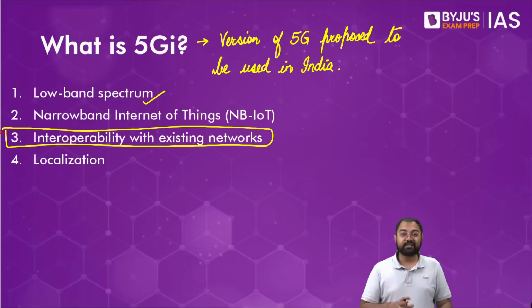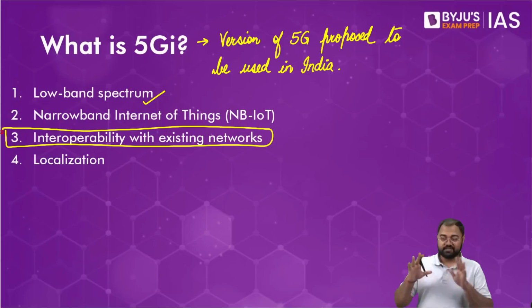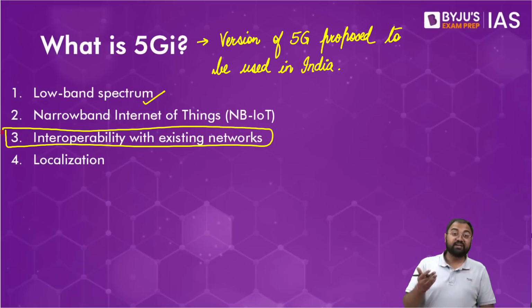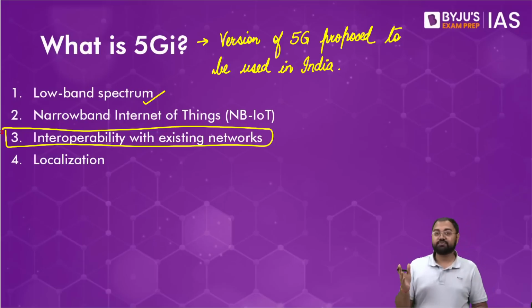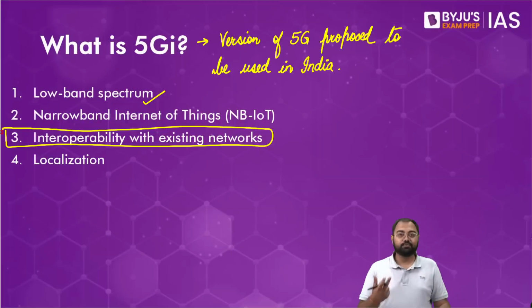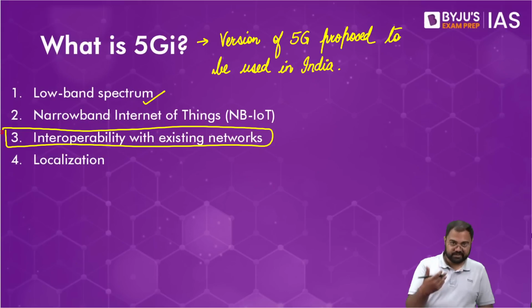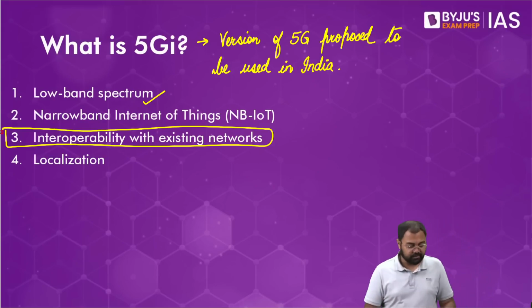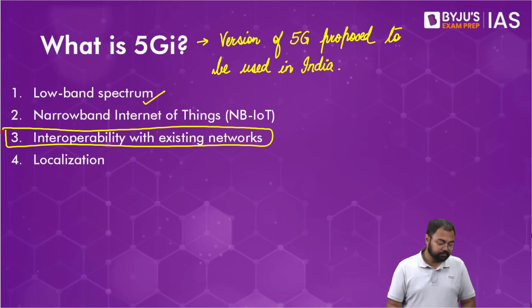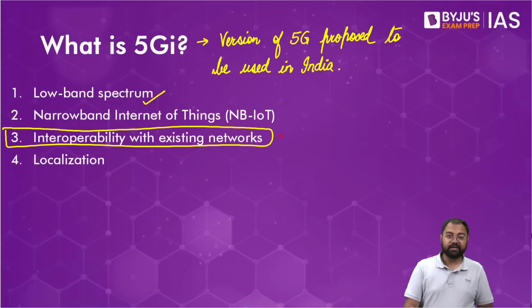So for our country, with this kind of expanse and this kind of physiography, it is not going to be very easy to provide 5G network to each and every corner of the country, unless we come out with some kind of variation. And this is a variation that students at IIT Madras had come up with, and they went to the Government of India, and this is something that India is trying to establish.